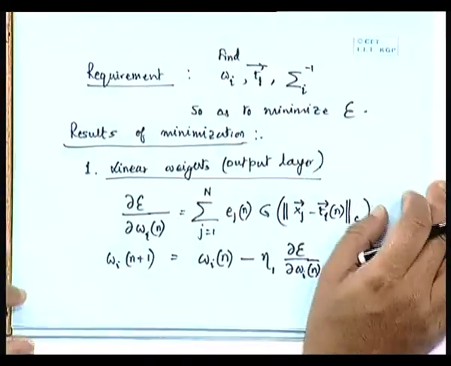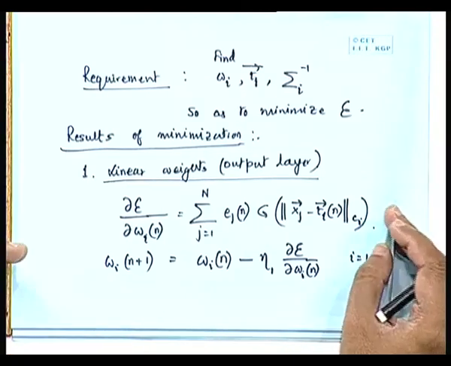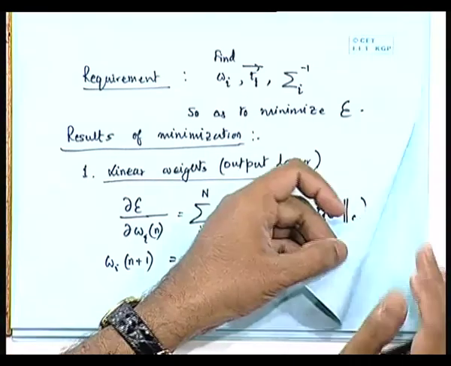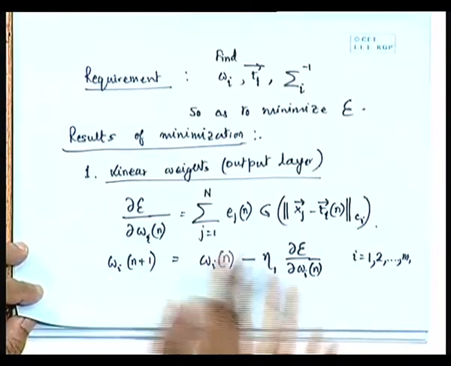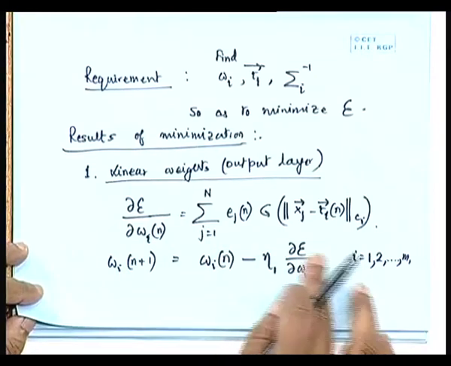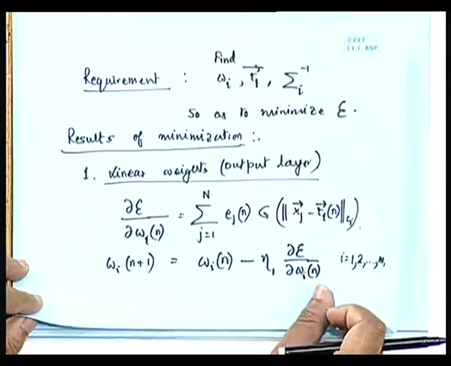So, this is the adjustment of the linear weights, which is pretty simple. It is not any new knowledge, because this sort of weight adjustment learning we also did earlier. The only difference is that in this case we have the Green's function coming in the derivative term, but once the derivative is found out, it is easy to adjust the weights.